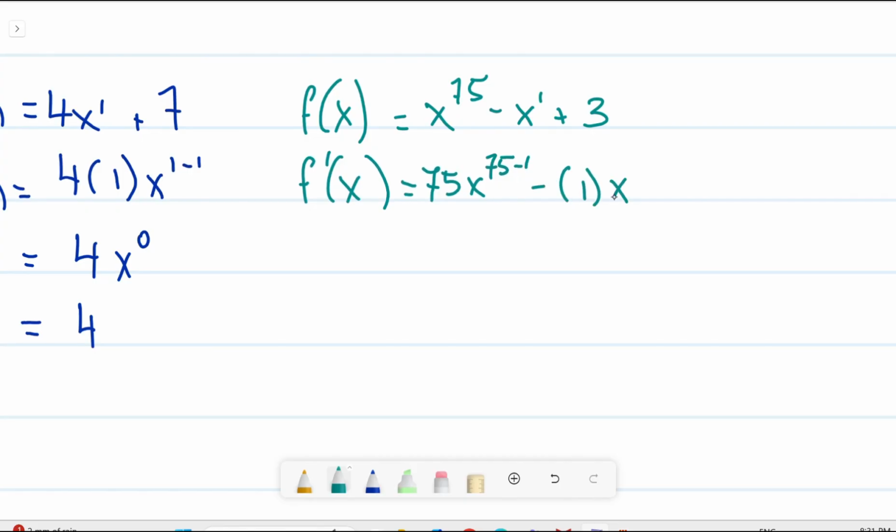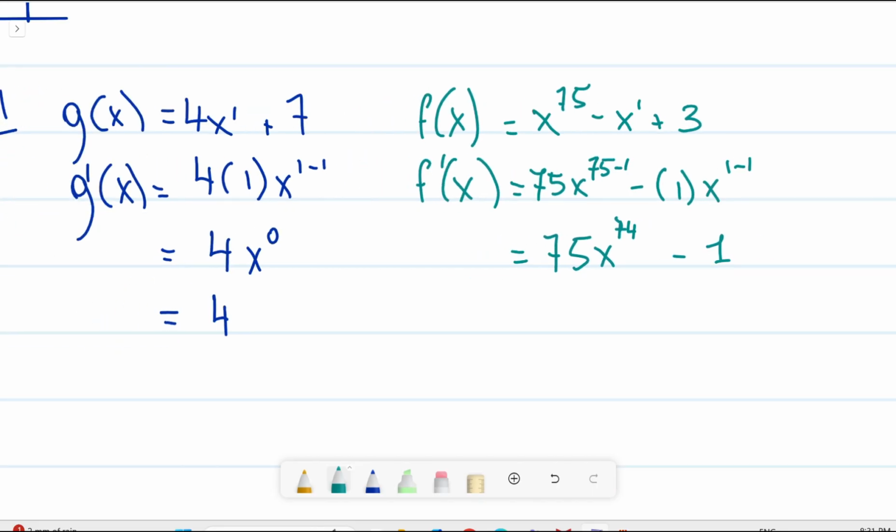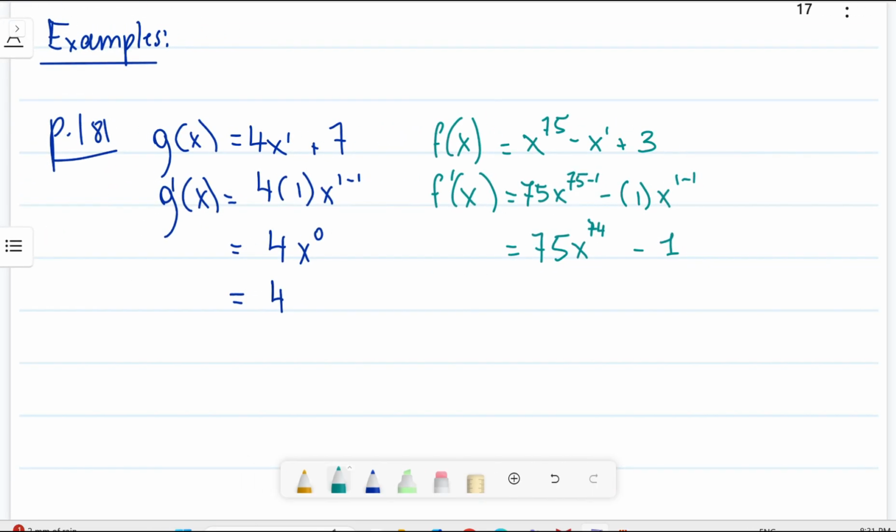So we drop the power and we do x to the power of 1 minus 1. And 3 is a constant and the derivative of a constant is 0. Let's simplify this slightly. 75 minus 1 is 74. And x to the power of 1 minus 1 is x to the power of 0, which is 1. And this is our answer.